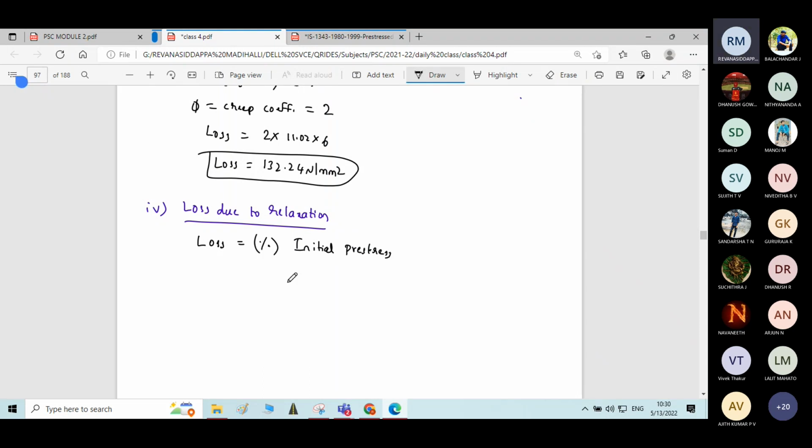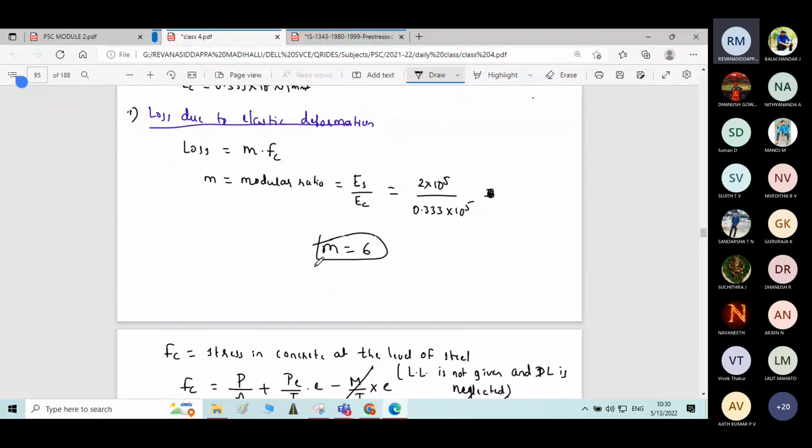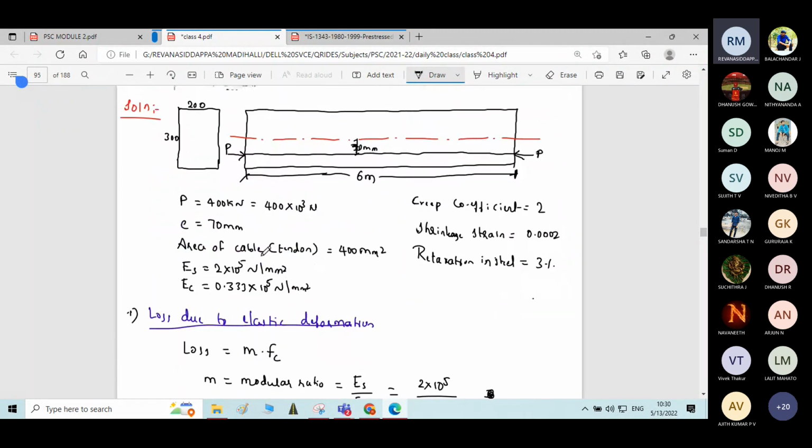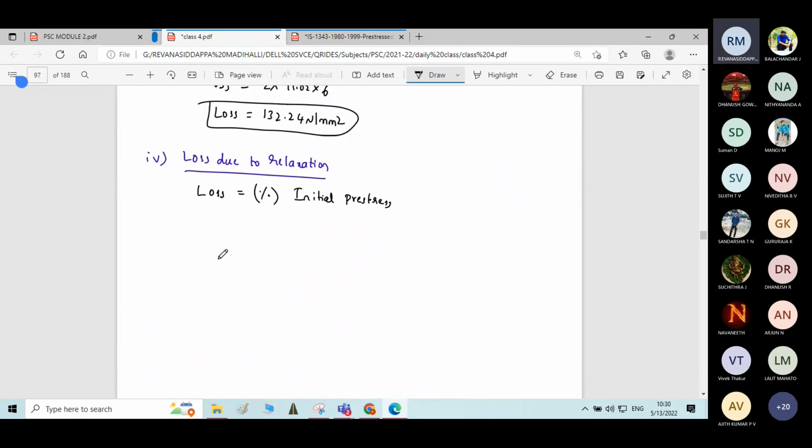So you need to calculate initial pre-stress. For calculating initial pre-stress, pre-stressing force is known, and area of tendon is also given. Area of cable is given. Pre-stressing force divided by area will give the initial pre-stress. Initial pre-stress is equal to P by A, where area is the area of cable, not area of concrete.